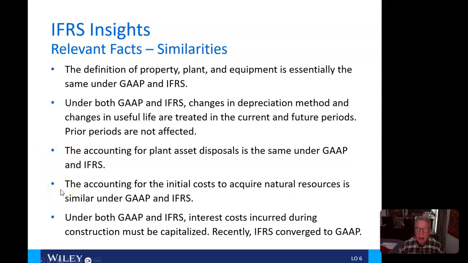And 4, the accounting for initial costs to acquire natural resources is similar under GAAP and IFRS. And 5, under both GAAP and IFRS, interest costs incurred during construction must be capitalized. Recently, IFRS converged to GAAP. Very nice.